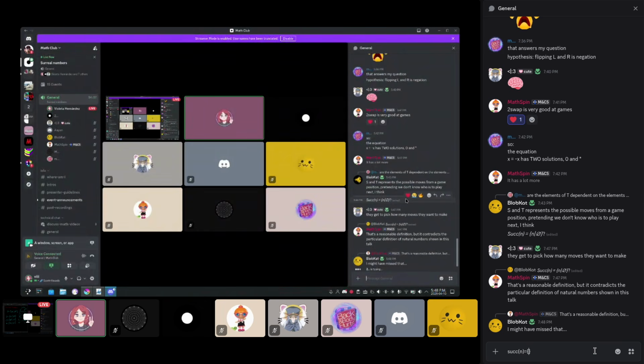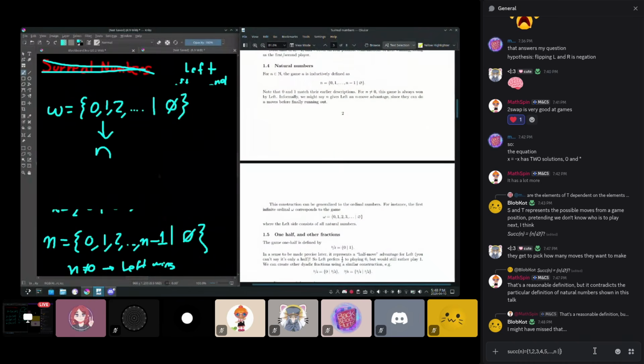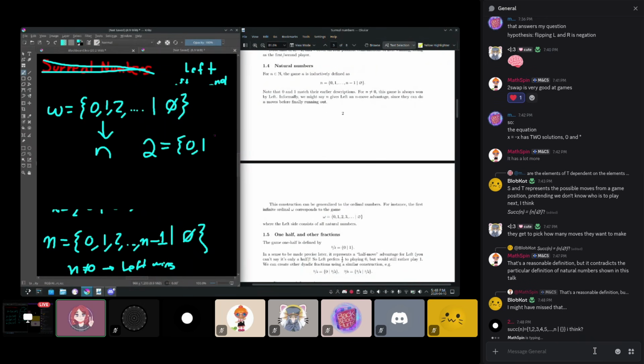Well, okay, yes and no. Yes, in the sense that if I have the game 2, the definition that I'm giving here for the number 2 looks like 0, 1, bar nothing. You can also define it as 1 bar nothing.